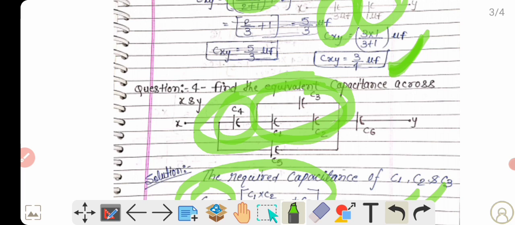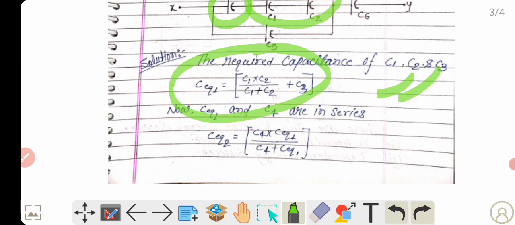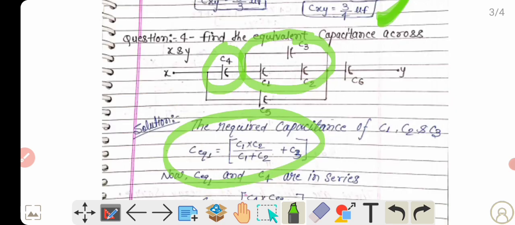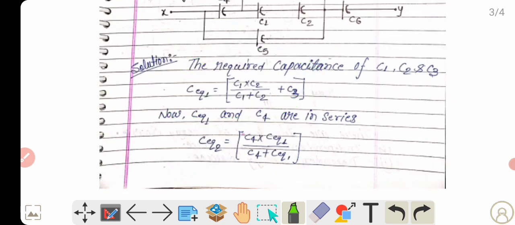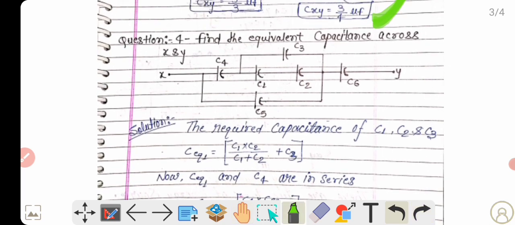And from this combination we can see that the C equivalent 2 will be in parallel with C5.